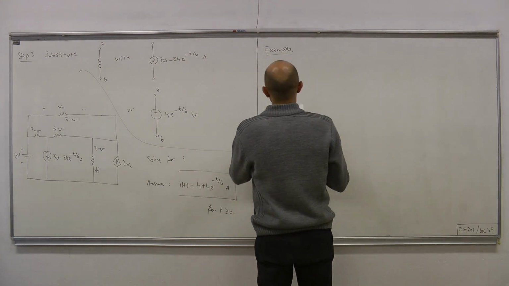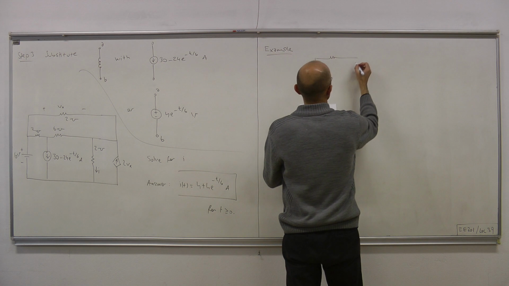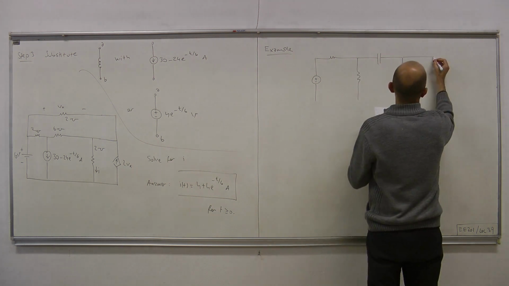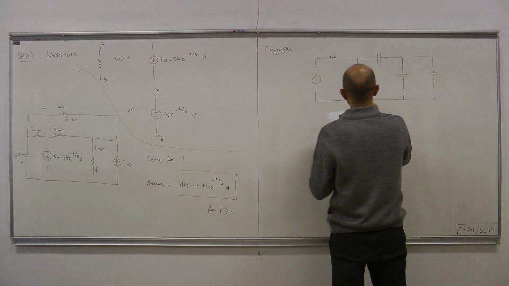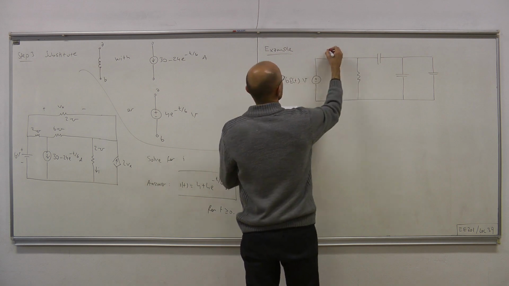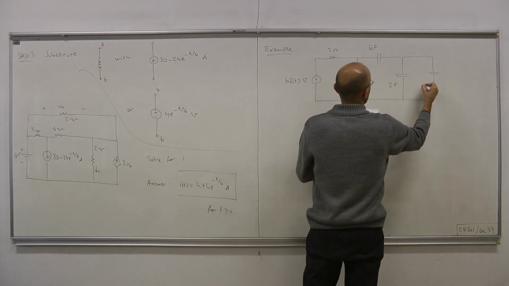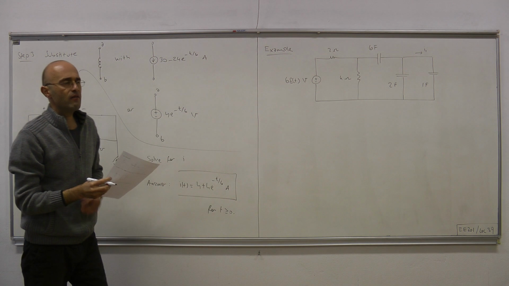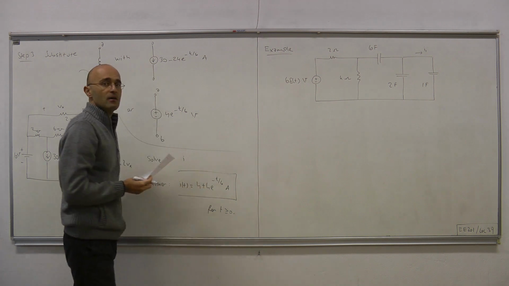Okay. So here is the circuit. So we have an impulsive input, and the capacitors, we're told, are initially empty.